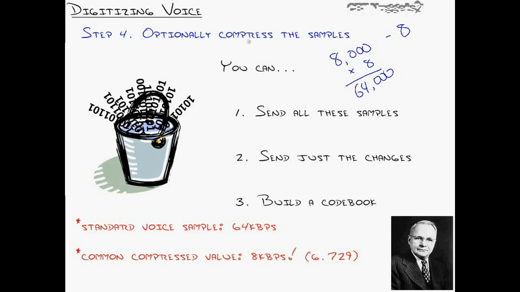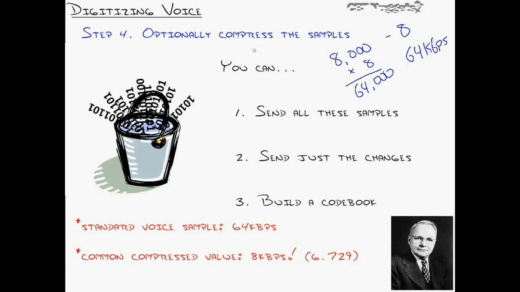And that is how we get each voice call coming from a PBX system consuming 64 kilobits per second, or 64,000 bits per second. That's been the standard for digital voice for years, and it's always been assumed that you always have to have 64 kilobits per second per voice call.